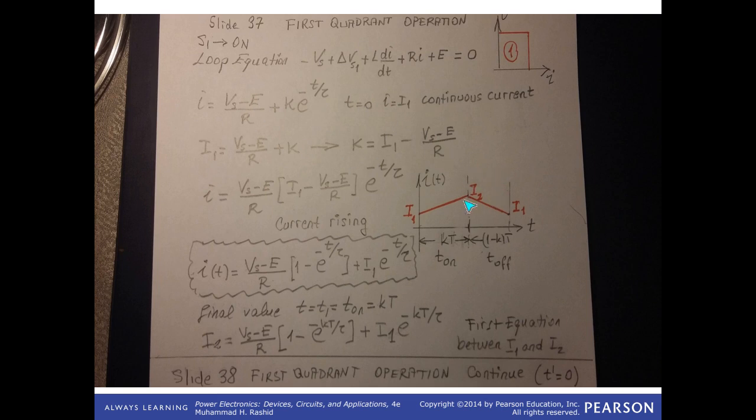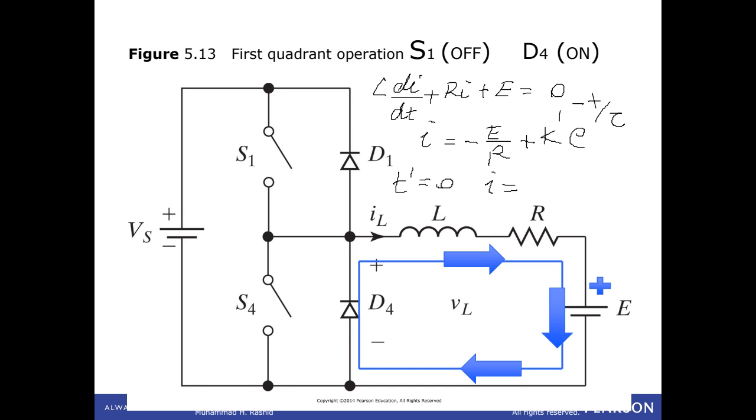This current, I'm writing the equation for this part. Current is equal I2. I max, in other words. I equal I max.